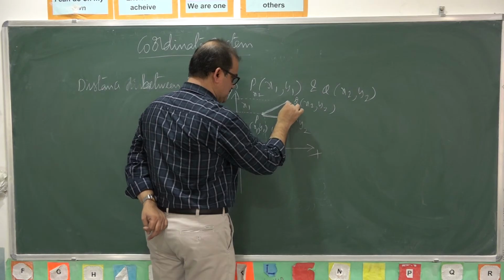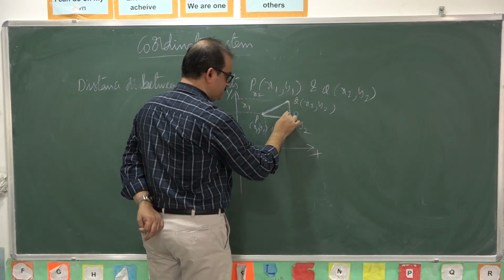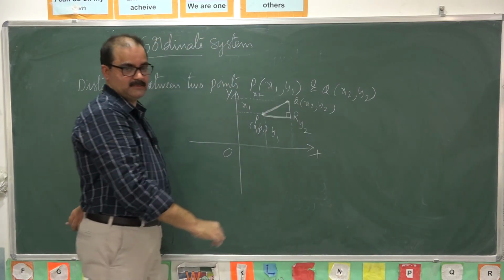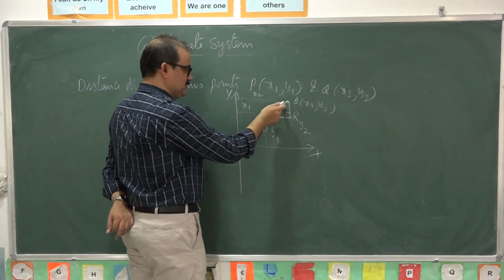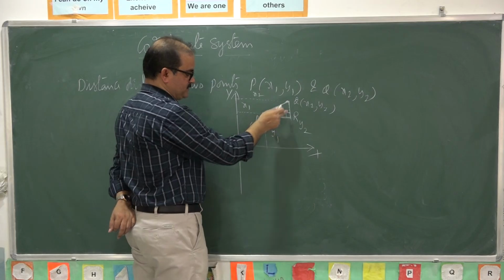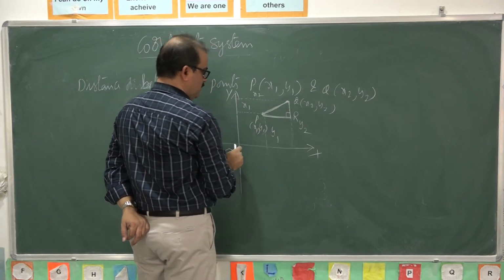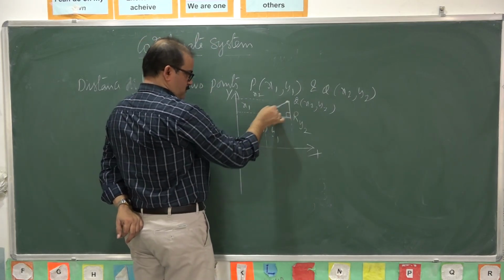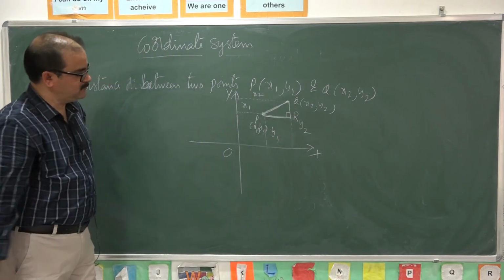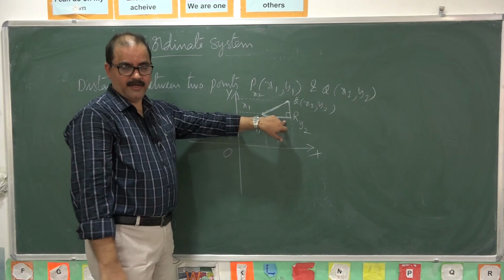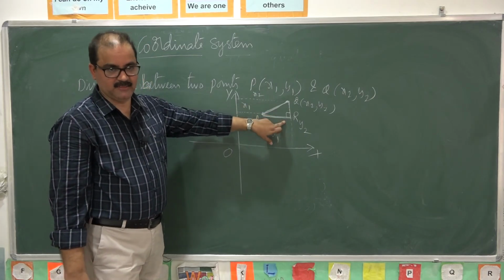Now here you consider a right angle triangle. Here the angle is right angle. If it is right angle, then this side is called hypotenuse. Now, from right angle triangle, you know one important theorem on right angle triangle, that is Pythagoras theorem.